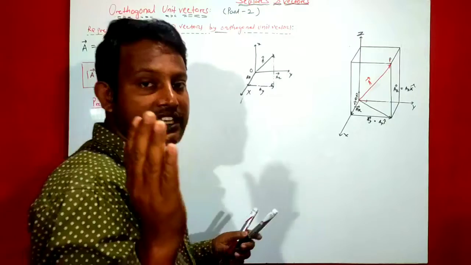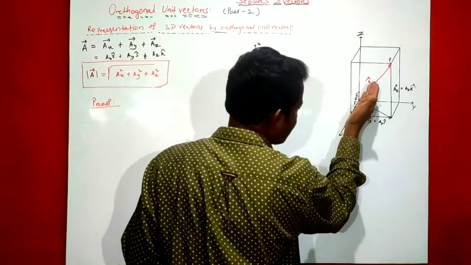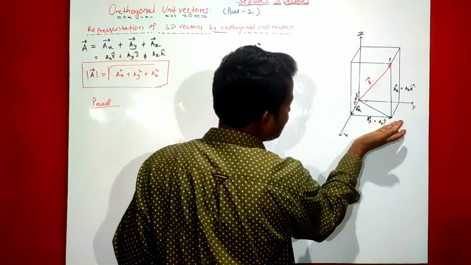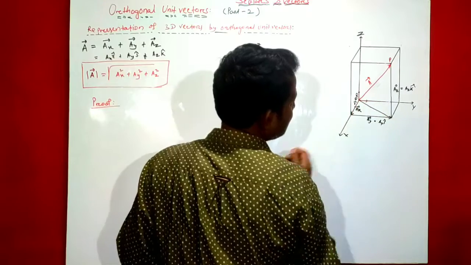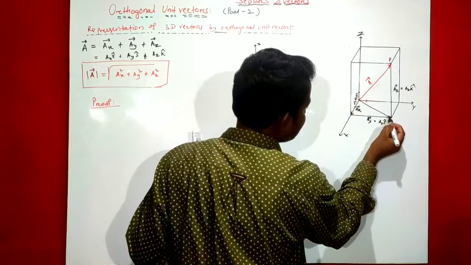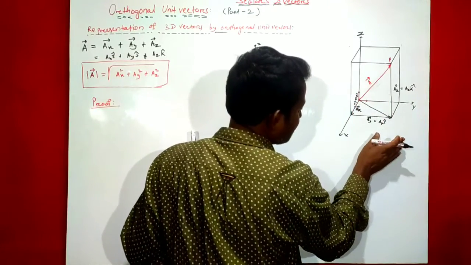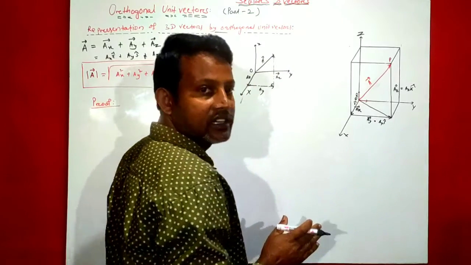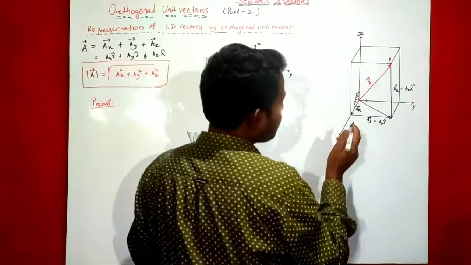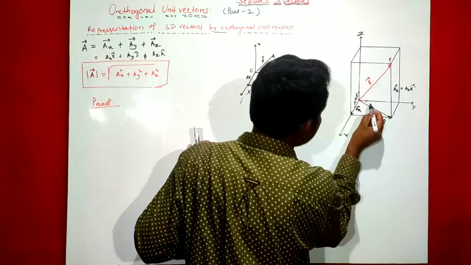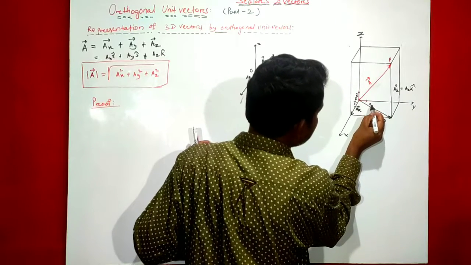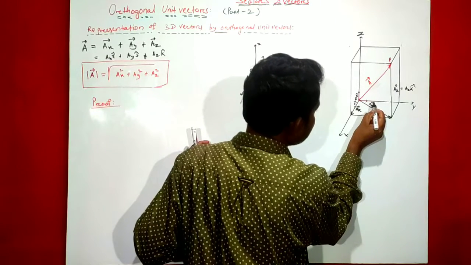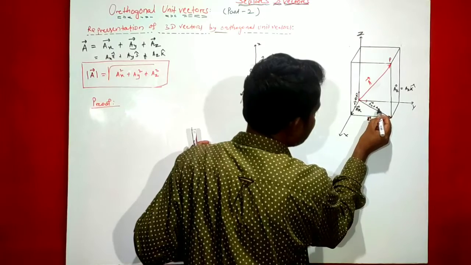By applying the triangle law of vector addition, we find that ax plus ay is equal to this diagonal. This is the 2D diagonal of the surface of the xy plane. So this is ax plus ay.